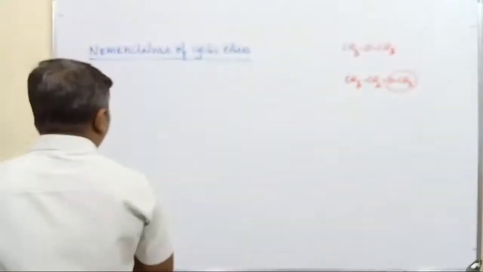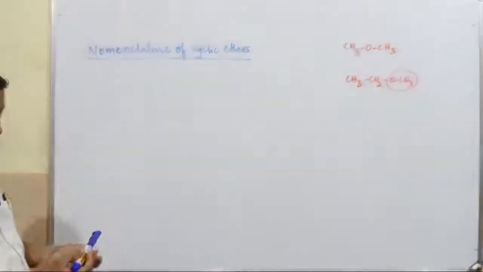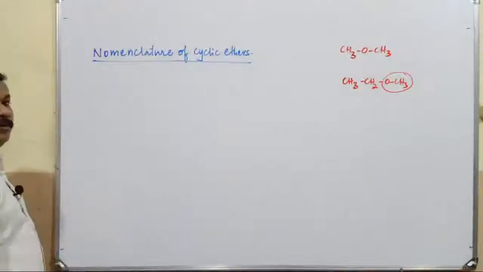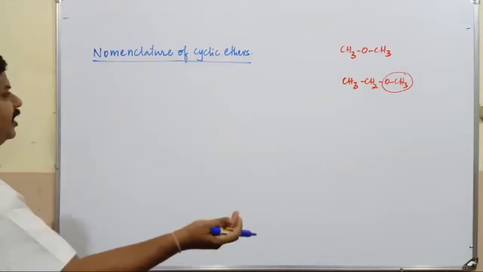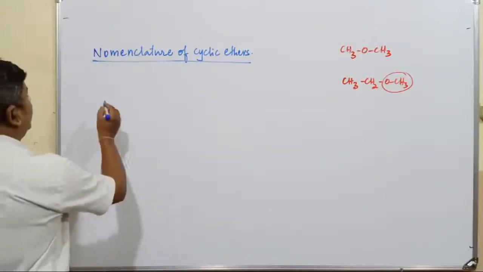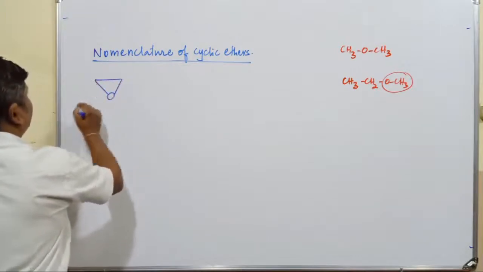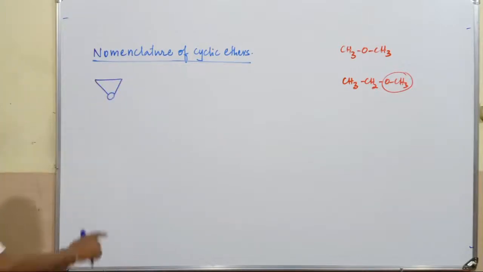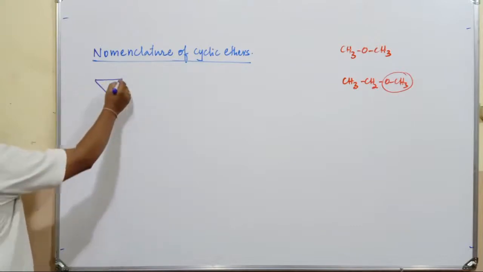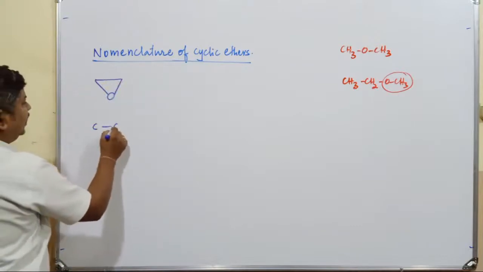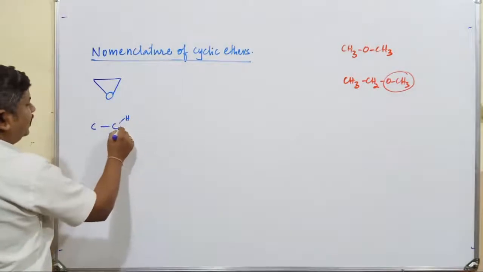Now in the case of cyclic ethers, how do we write the IUPAC name? Cyclic ethers may contain 2 carbon atoms, 3 carbon atoms, 4 carbon atoms, and different numbers of carbon atoms may be present. This is one cyclic ether compound where oxygen is present between CH2 and CH2. I'll write the same compound here for your confirmation.